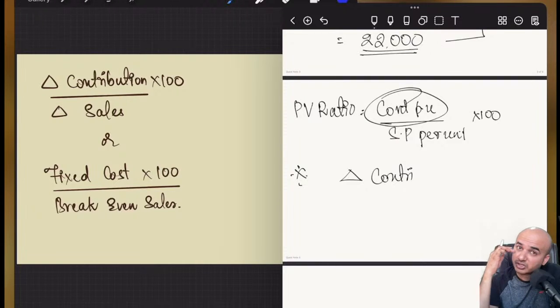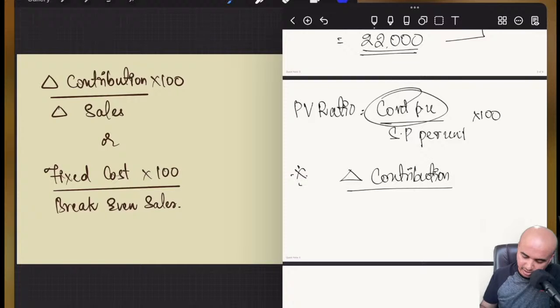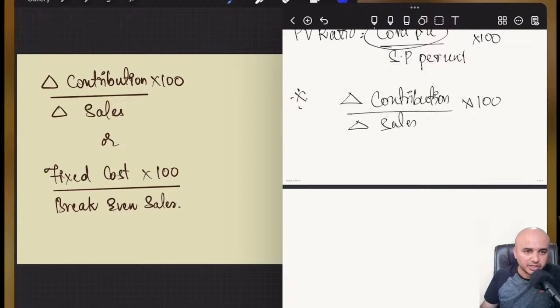Like if you are selling at 10,000 level, this is my profit and this is my contribution, and if you are selling at some other level, this is my contribution. In such a circumstance, you will not have the data to calculate in a traditional manner. In such a circumstance, we'll have to use the delta formula. So that is delta contribution divided by delta sales into 100. Okay, so that is the thing. We'll come to break even in a second.